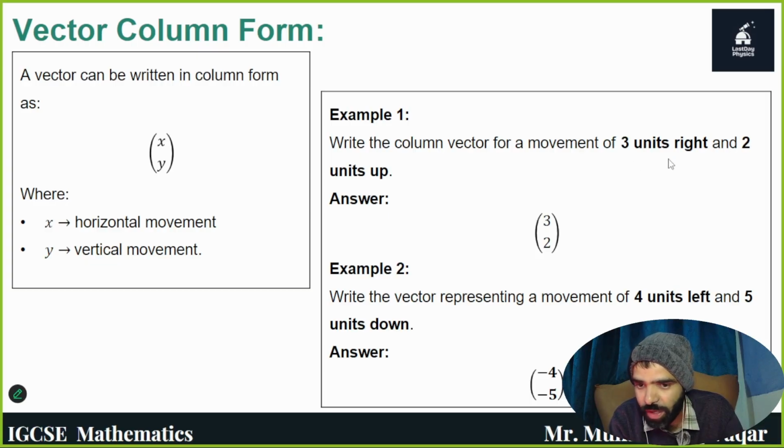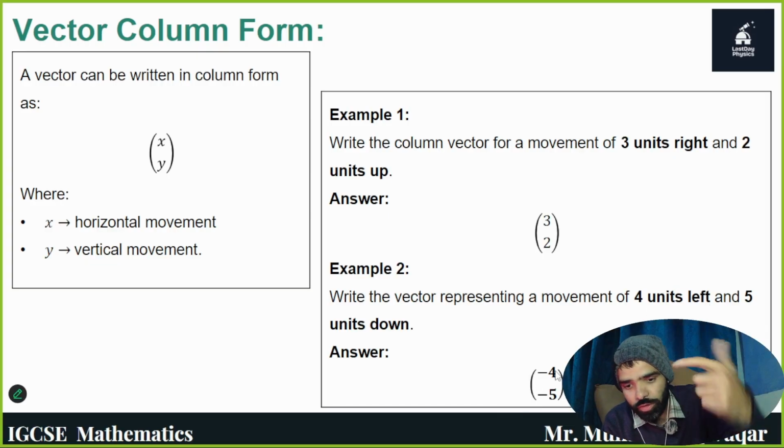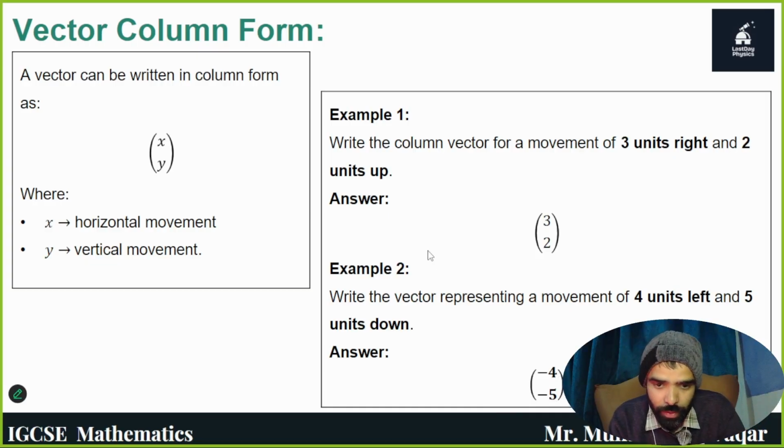So 3 units right is the x movement, horizontal movement, and 2 units up is the vertical movement, y movement. So we will write x and y in a column. It becomes a vector. Similarly, 4 units left is negative x, right? And 5 units down is negative y. So it will be negative 4 and negative 5.